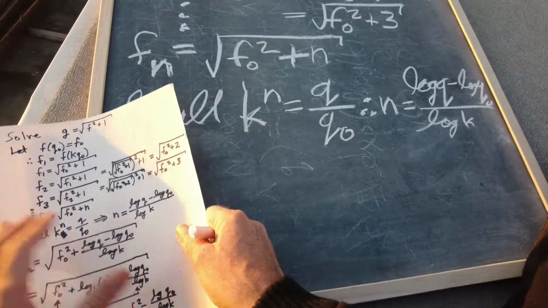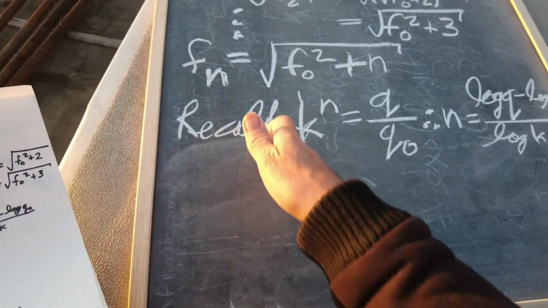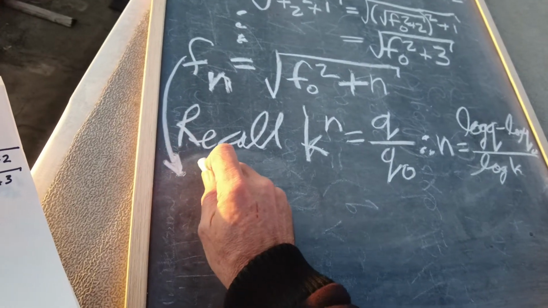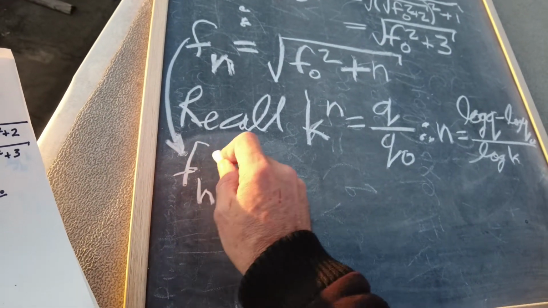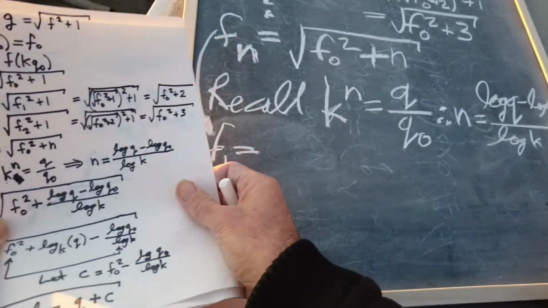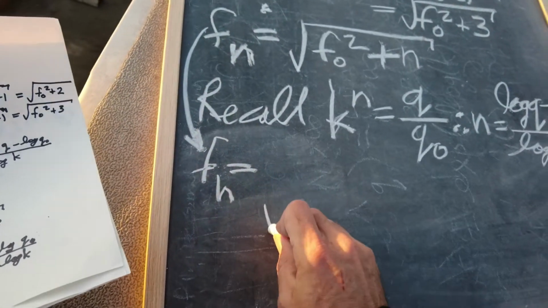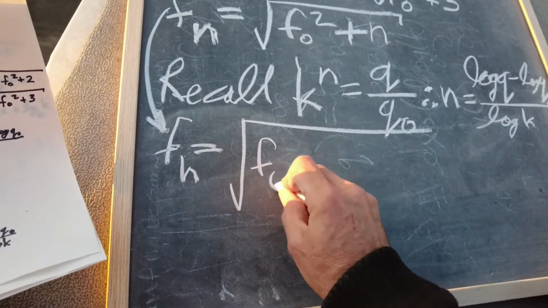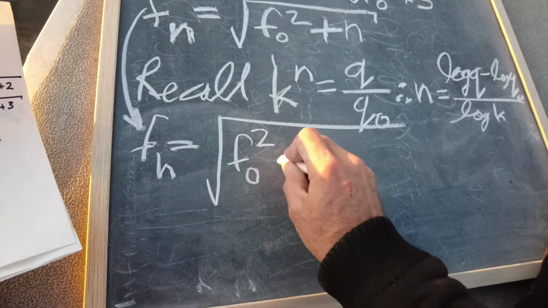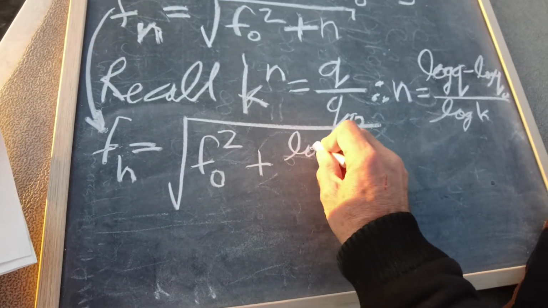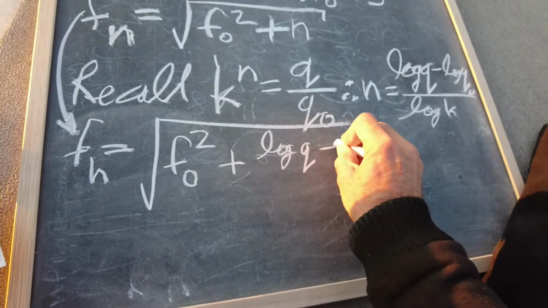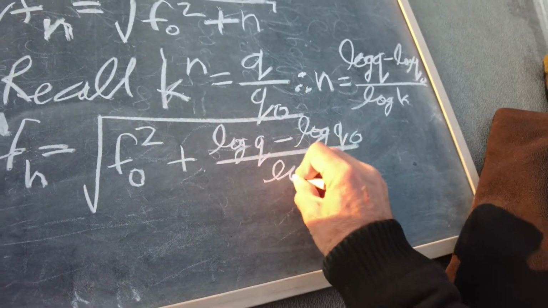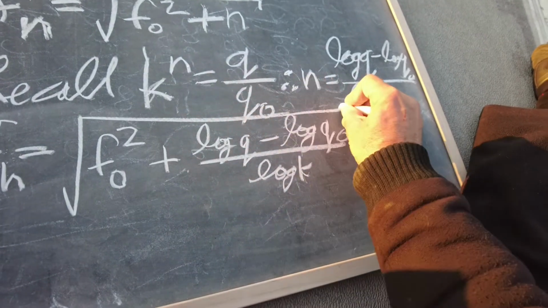So now, if we use this key to unlock the comparametric equation, we have fn from here is equal to the square root of f0 squared plus n, which is just log q minus log q0 over log k under the square root sign.